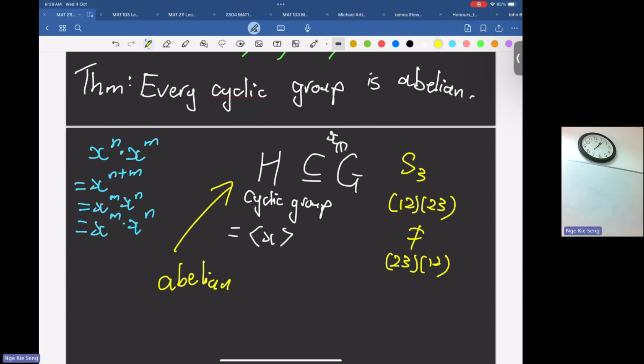So Sn is not abelian, except S2, which is too easy already. Starting from S3 it gets harder and harder: S3, S4, S5. They are not abelian, but you can always find a cyclic subgroup. How? Take one of the elements and compose it with itself infinitely many times.